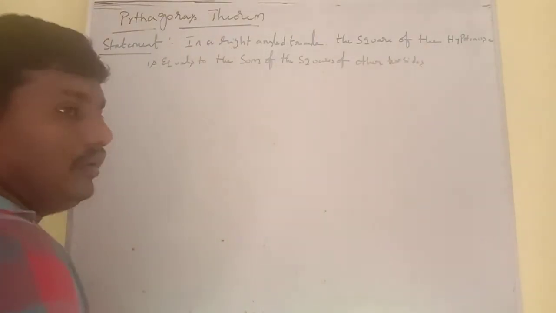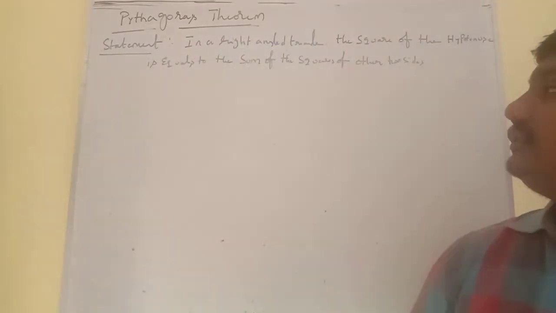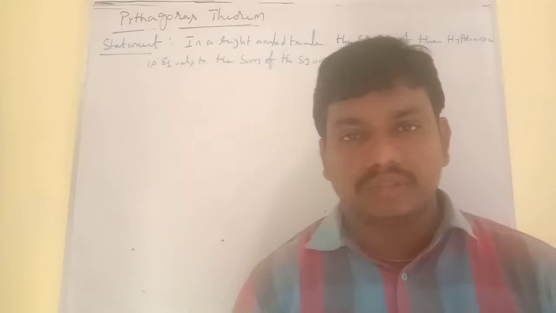So this is called the statement of Pythagoras theorem. In a right angle triangle, the square of the hypotenuse equals the sum of the squares of the other two sides.